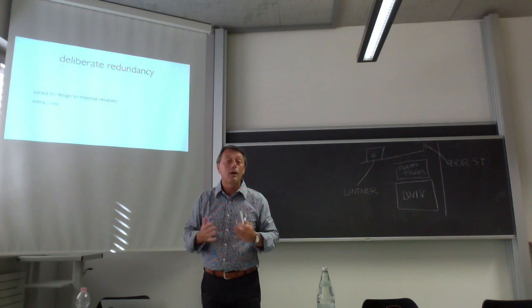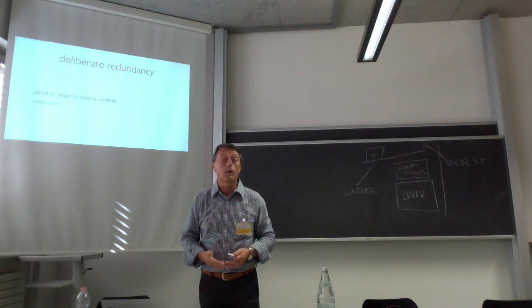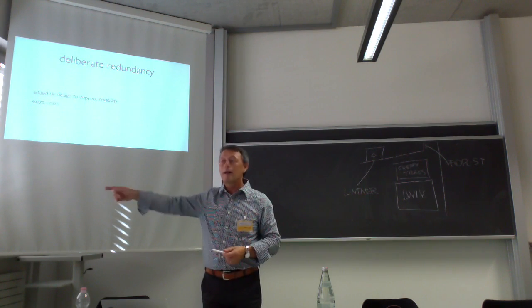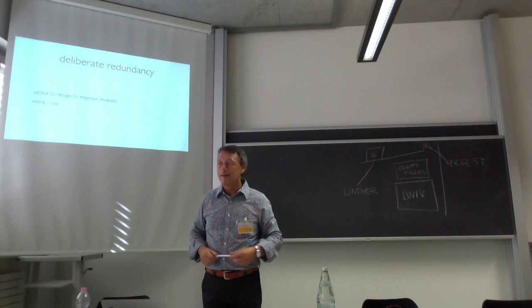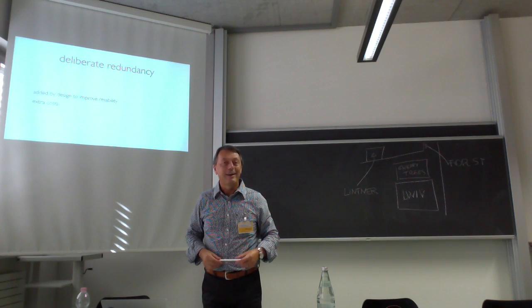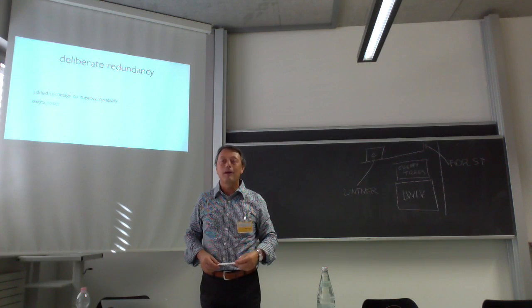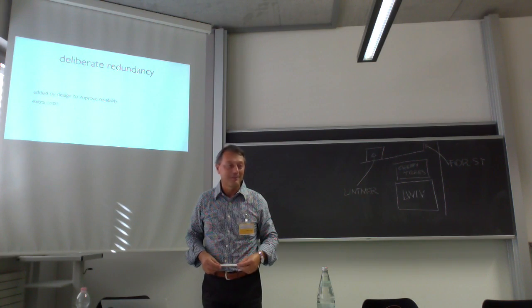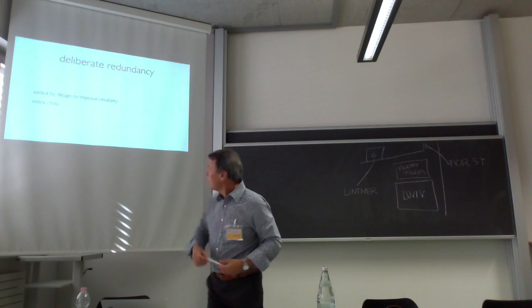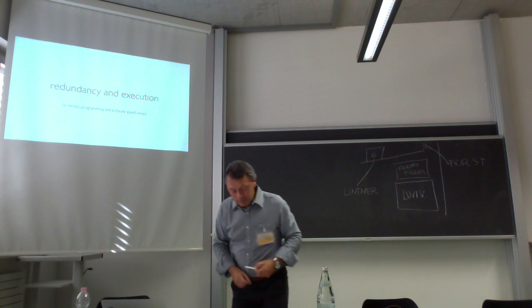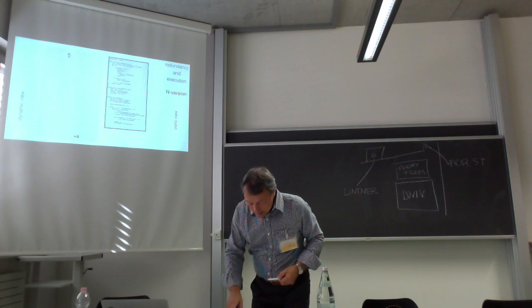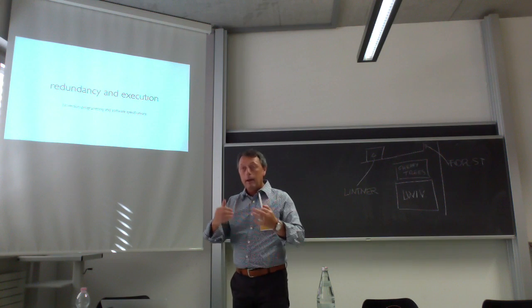But it costs 3, 4, 5 times more to build the system. Now, go downstairs and tell the guy who sells software for the internet that he can make his platform much more reliable by multiplying the cost of his system by 3. Nobody will do that. So we are looking at another kind of redundancy, which is intrinsic redundancy.